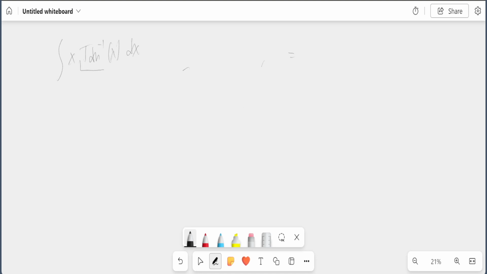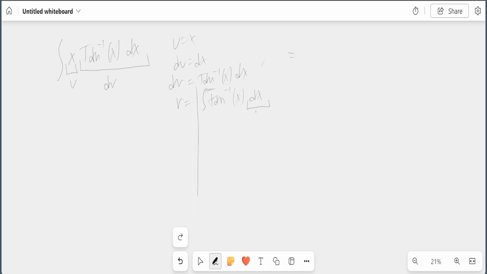To make this, u is equal to x, du is equal to dx, dv is equal to tangent inverse x, v is equal to tangent inverse x, there's a dx here, right? And then, okay, let's do that separately. Whoops, that is not how you do it.